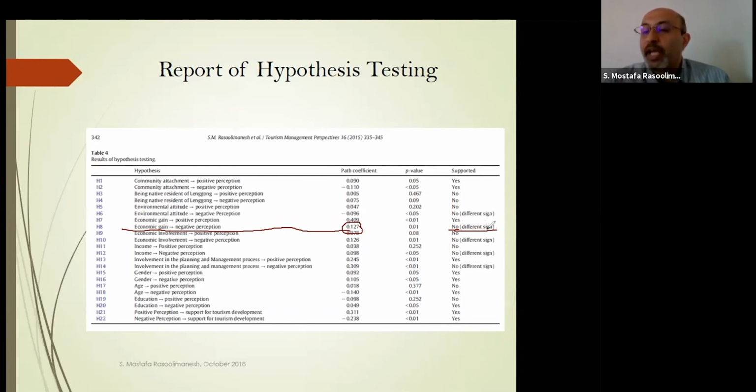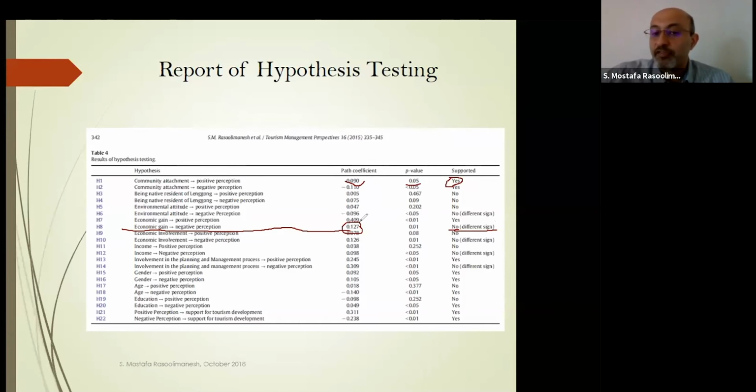So this is a way to report the sign of path coefficient. For another one, for example, the first one, community attachment on positive perception, path coefficient is 0.09, p-value is 0.05, and supported: yes, because the sign of path coefficient is identical with the sign of the hypothesis.